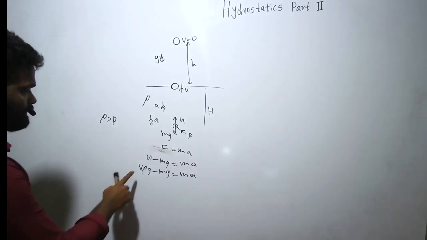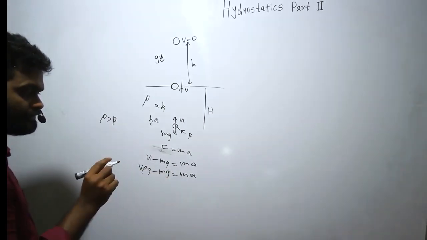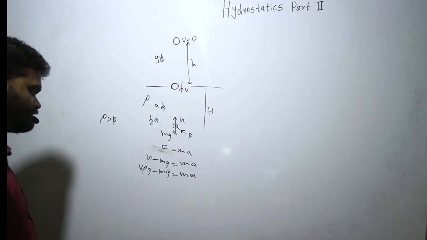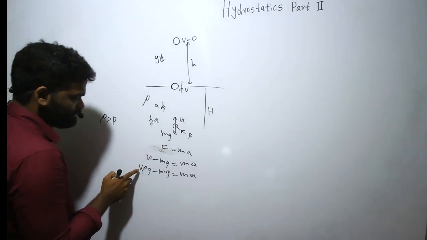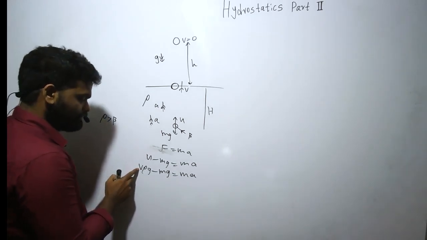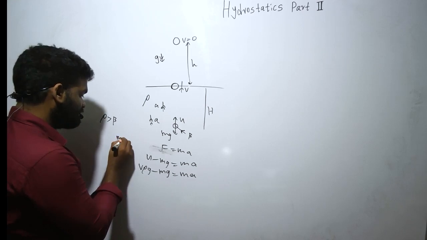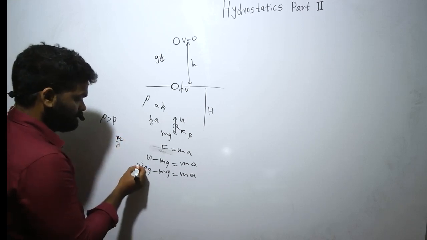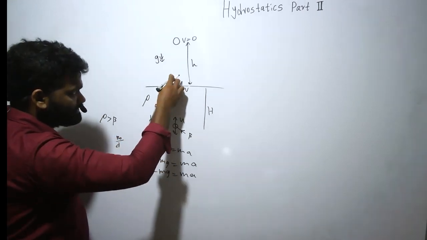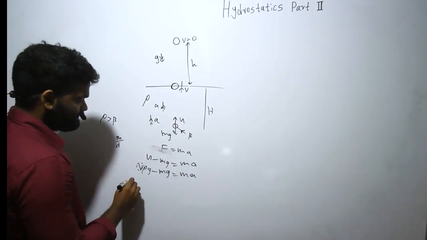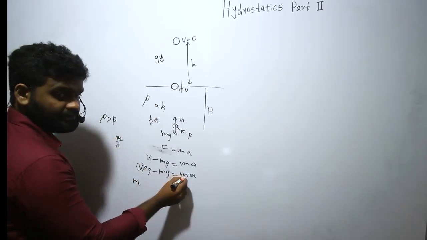If you want, you can write each of these terms in terms of mass or in terms of volume. I think it is easy to just put mass here because you only have to convert it here, right? So the volume is equal to what? Mass divided by density. So whole object is immersed, right? So mass of the object, let's say simple m. This is also simple m, right? These are mass of the object.